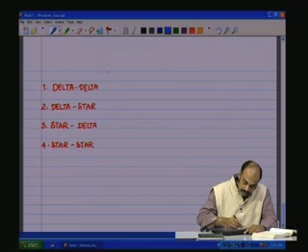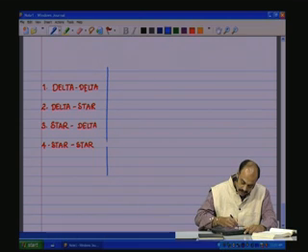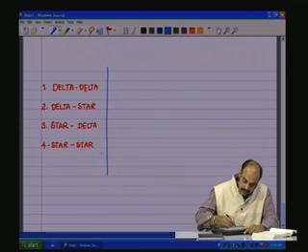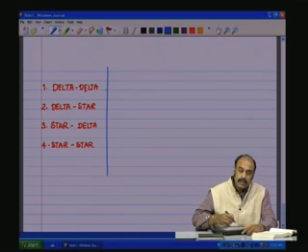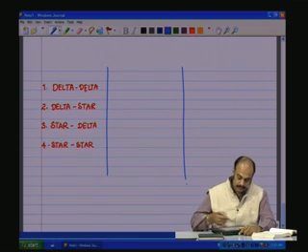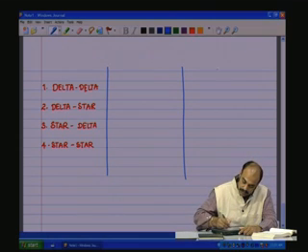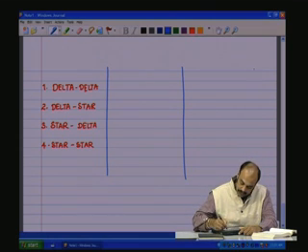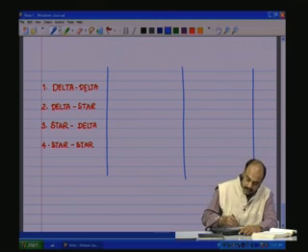So let us summarize the relationship for the currents and the voltages on the primary and the secondary side. So let us draw these columns in this fashion to indicate that we are going to write down the relationship.